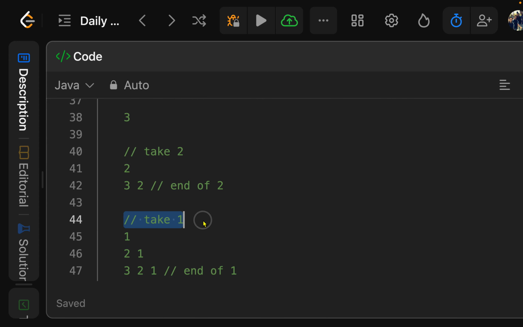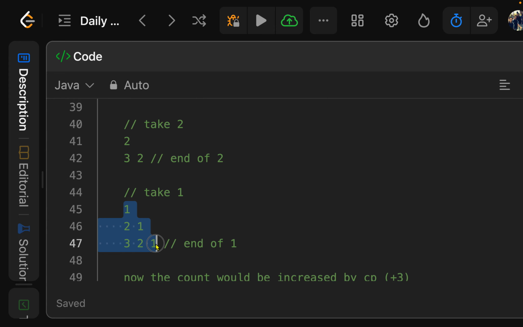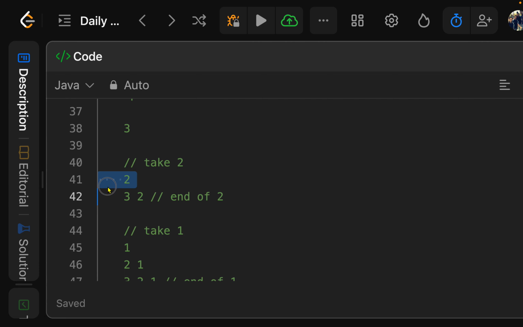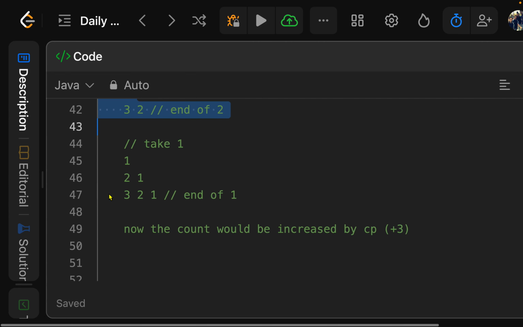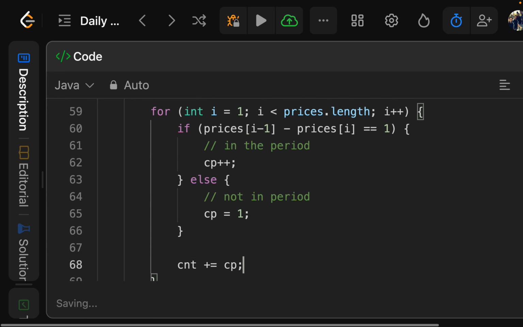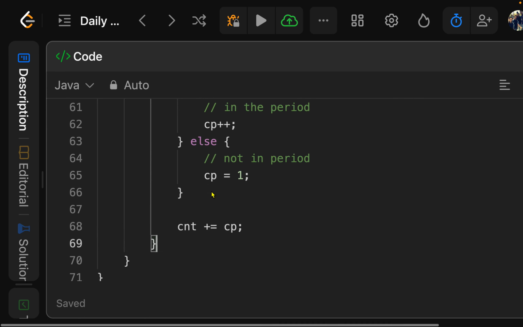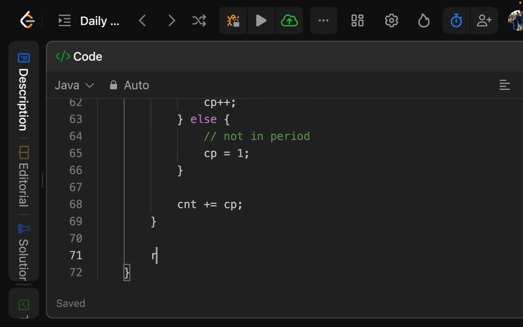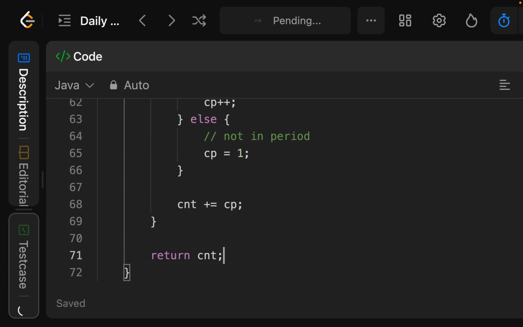So it is a period with a length 3, so 3 would be added, because you see 3 lines, right? If it is a period of 2, 2 lines would be added, and count plus 2, and so on. So count plus CP, that is the only thing. And yeah, so far so good. Ultimately we'll return the count and we are done.